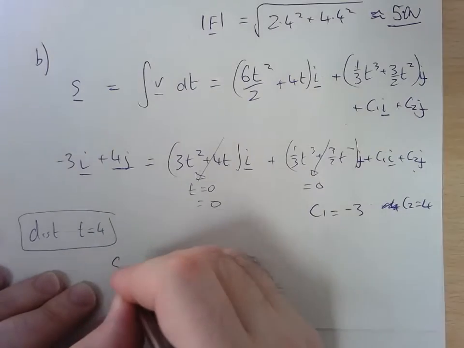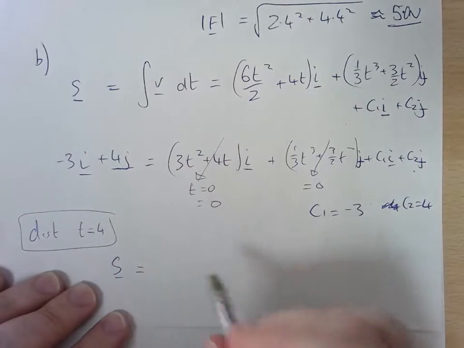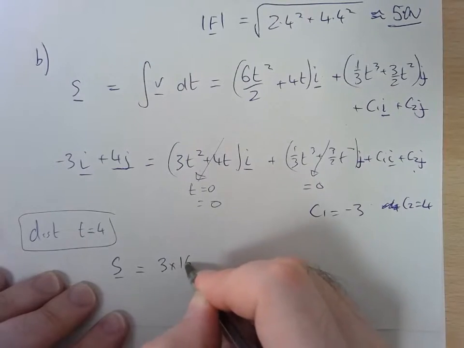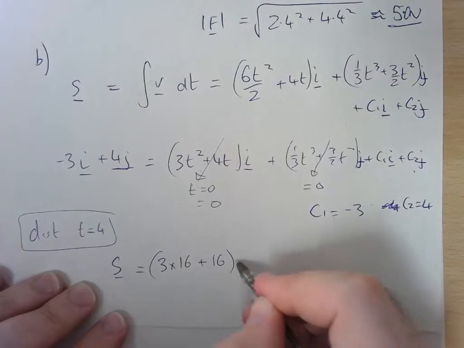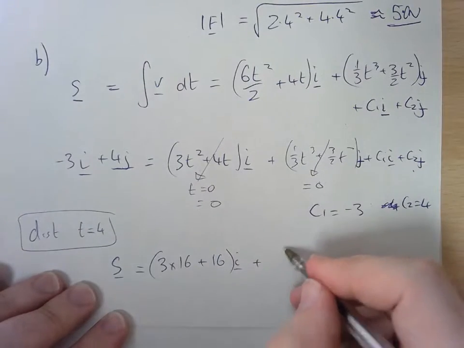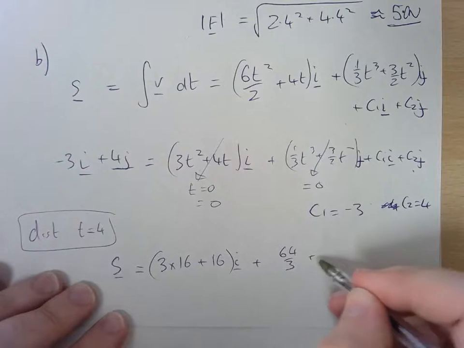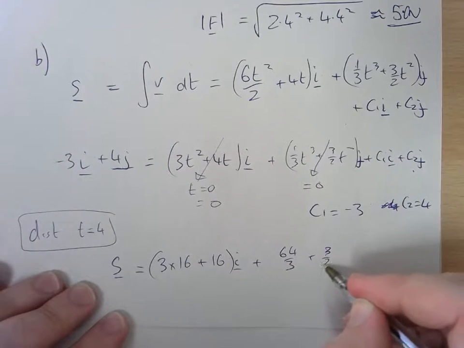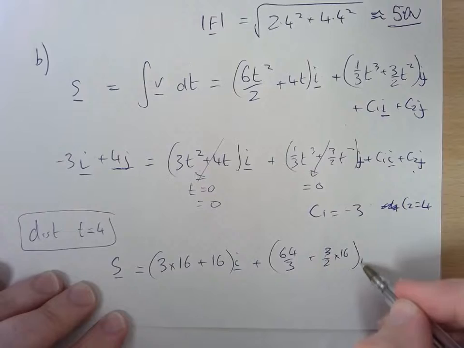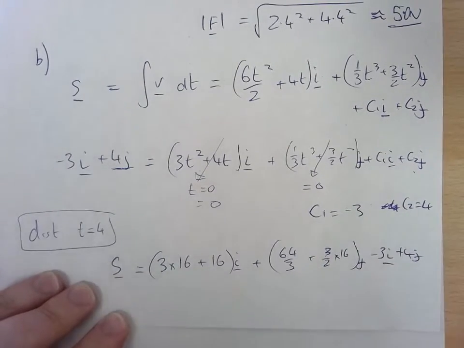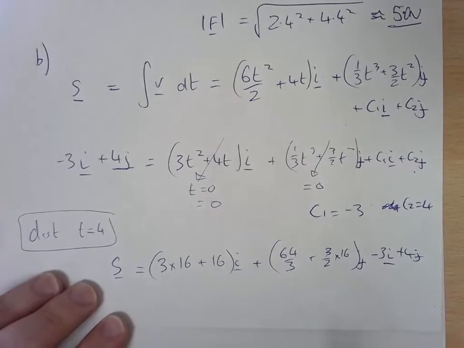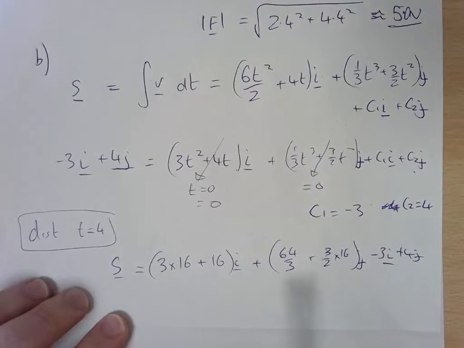So we get s equals, subbing in 4 in here, we get 3 times 16 plus 16 from 4 times 4 i, plus we get 64 over 3 plus 3 over 2 times 16 j, minus 3i plus 4j. So this is our constant term that we found at the end, our constant of integration. We now need to turn this into a single number for i and a single number for j, and use Pythagoras to find its length.